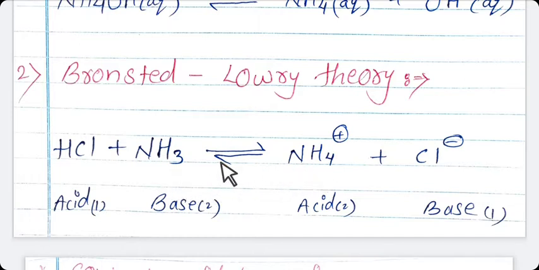Similarly, when HCl donates its proton to NH3, it will become NH4 plus. And what is remaining here? Cl minus. Now NH4 plus contains a proton and it can donate it to chlorine.